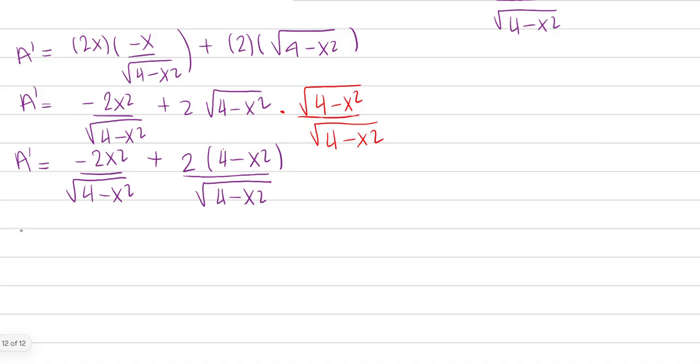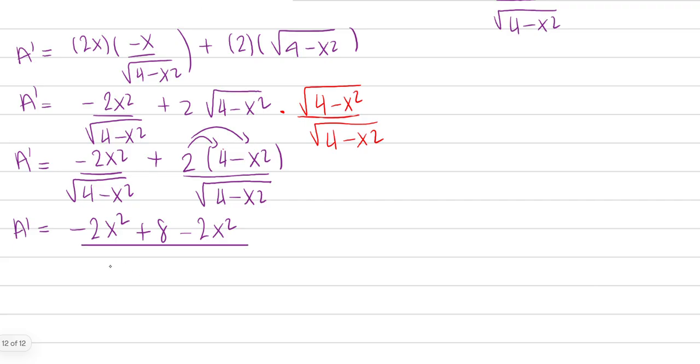Okay, now let me go to the next step. I have A prime. So basically I'm going to distribute this 2. So it's going to be negative 2x squared plus 8 minus 2x squared. And then it's all over the same denominator, which is radical 4 minus x squared.